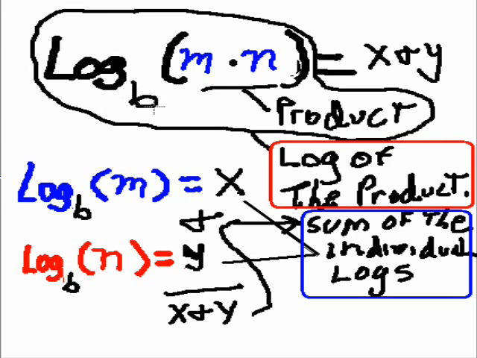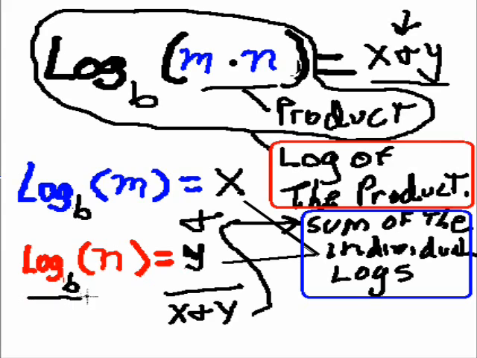Log base B of m times n, the log of these products, is equal to this x plus y guy right here, and that's equal to the sum of the individual logs. Log base B of m is equal to x.